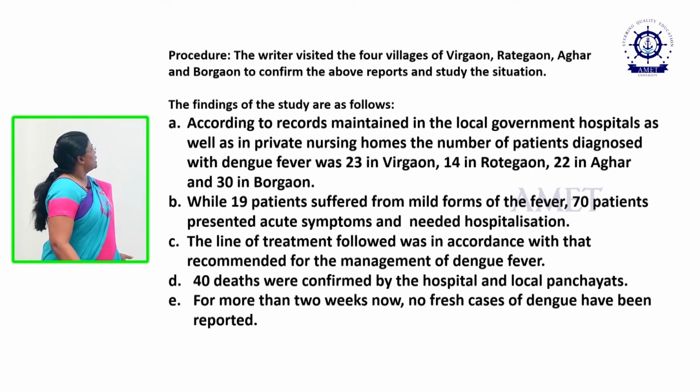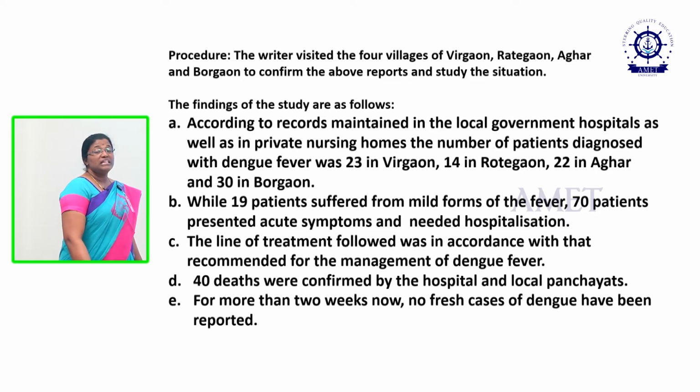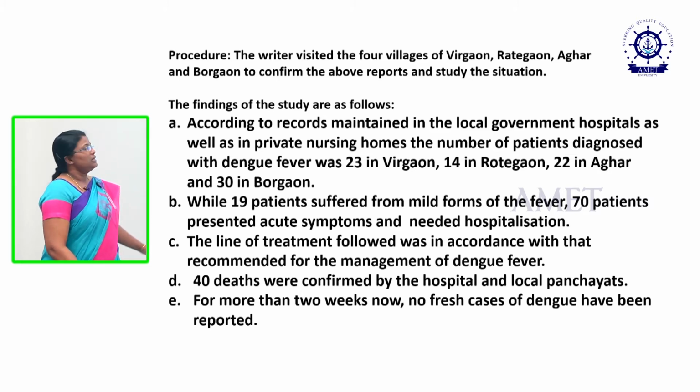First one, according to records maintained in the local government hospitals as well as in private nursing homes, the number of patients diagnosed with dengue fever was 23 in Virgaon, 14 in Rattigaon, 22 in Agar and 30 in Burgaon. So, these many people were diagnosed with dengue fever.